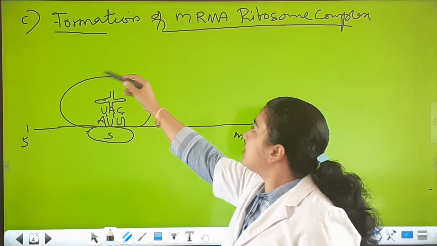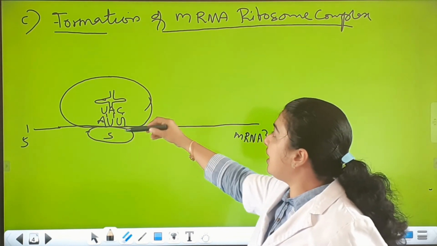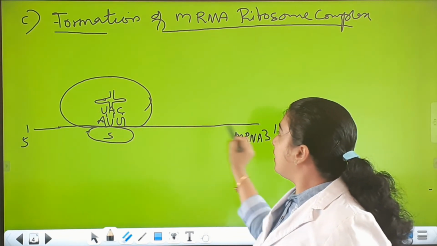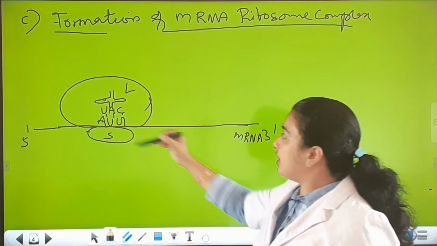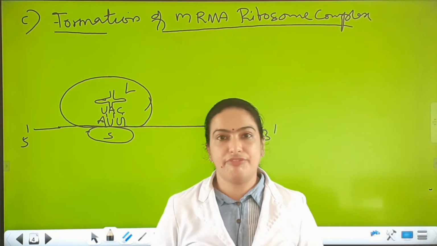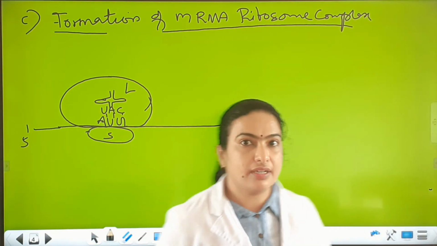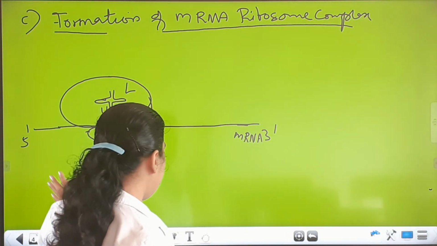After that, the larger subunit binds with the mRNA. Then there is a ribosome mRNA complex: smaller subunit, larger subunit and mRNA. Is it clear? So this is the formation of the ribosomal mRNA complex.